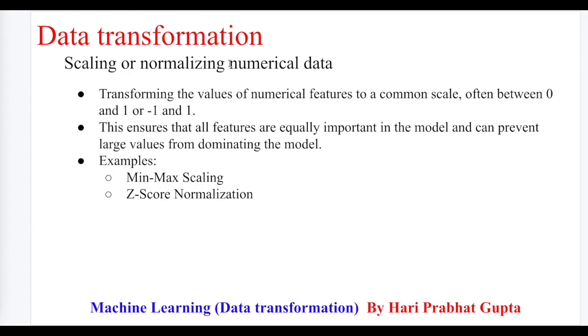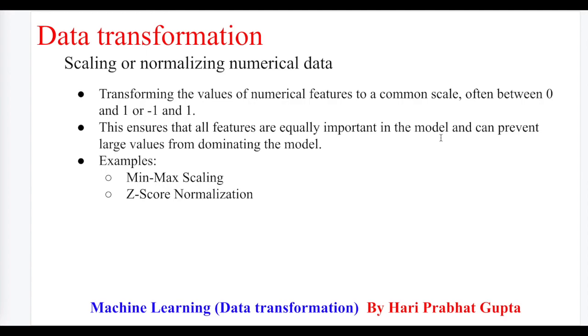Scaling or normalizing numeric values transforms the values of the numeric features to a common scale between 0 and 1 or minus 1 and 1. Whatever the values are, you can transform them into one given range, 0 to 1 or minus 1 to 1, and this ensures that all the features are equally important in the model. For example, if you have a data set with multiple columns, one column is temperature, with values in Delhi up to 45-50 degrees, and another is an accelerometer, gyro or compass value, which is a float value like minus 2g to plus 2g.